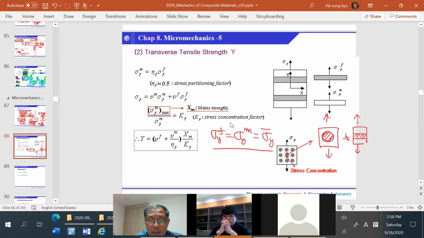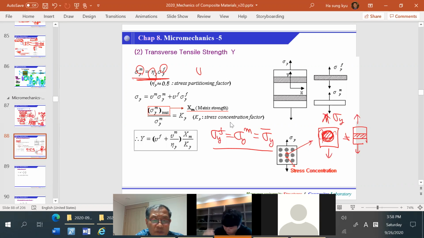As you can see here, this is the sigma y, and the fiber stress is somewhat changed, and the matrix stress is somewhat changed. So that's how we assume a stress partitioning factor. So it means that fiber and matrix have some ratio, which is experimentally said to be about half, 0.5.